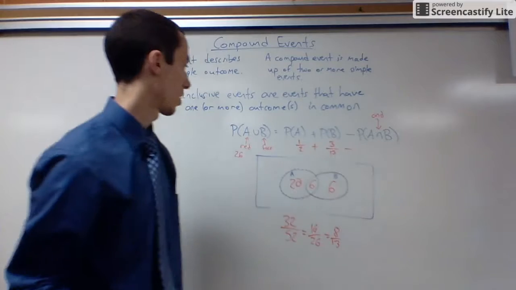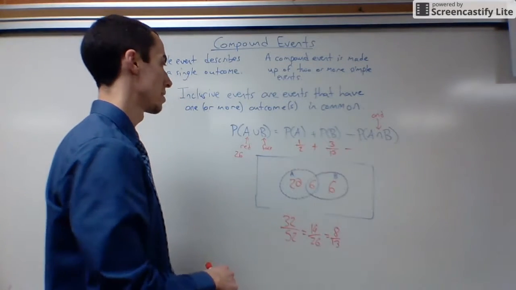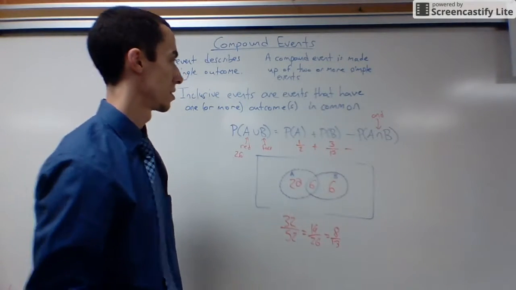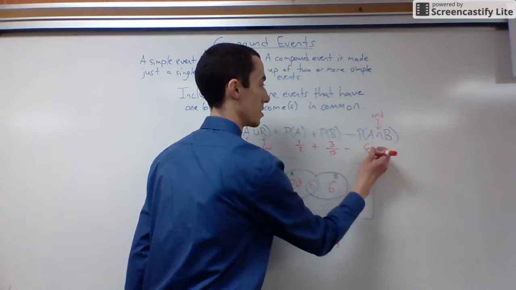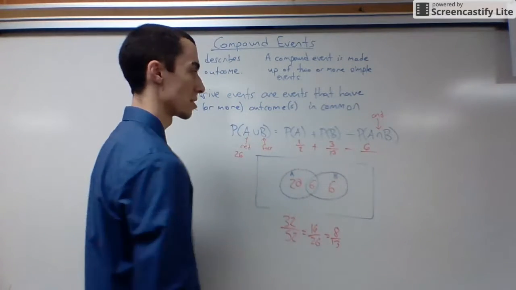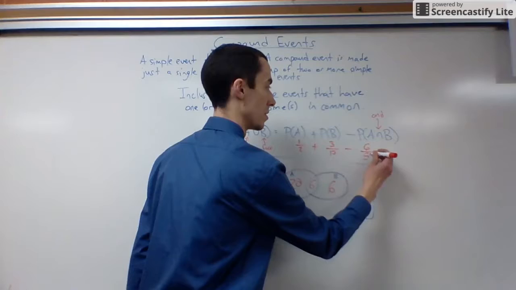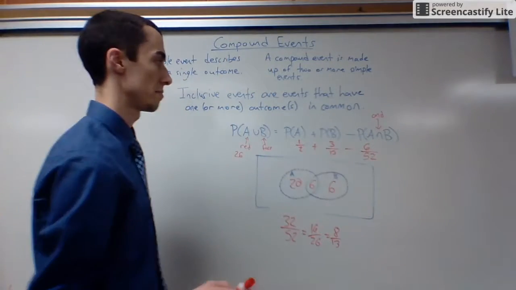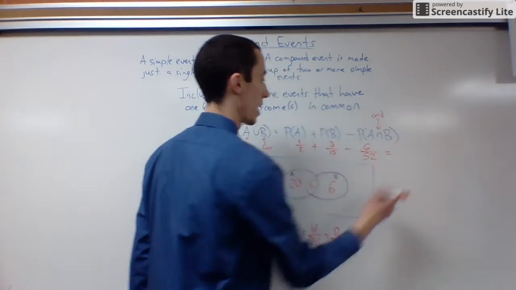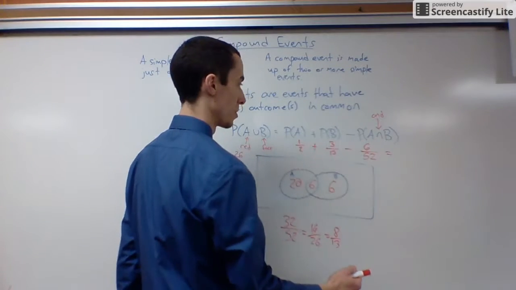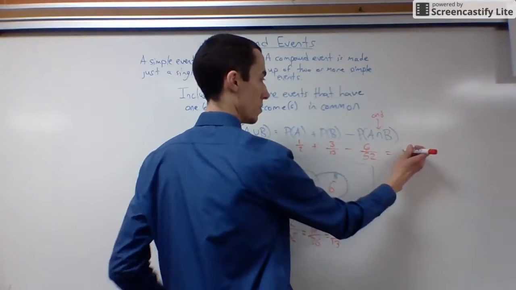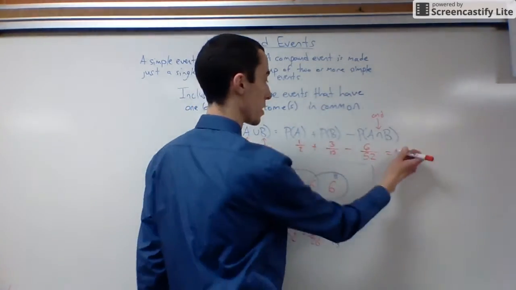And then subtract the cards which are both red and face cards. So there's 6 red face cards out of 52 in the deck. So then, getting common denominators, we could make a common denominator of 52 if we want to.